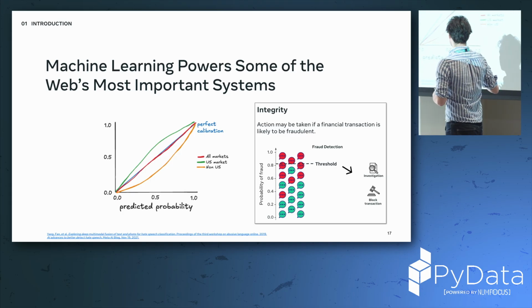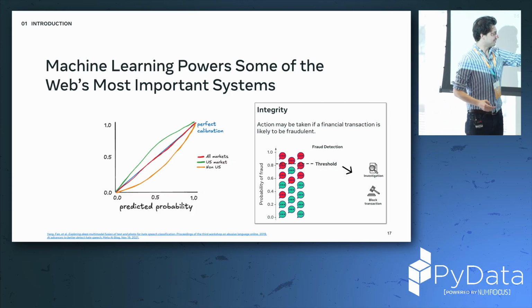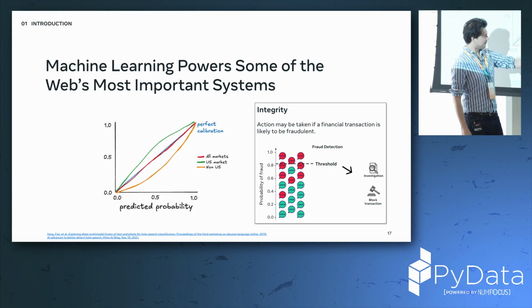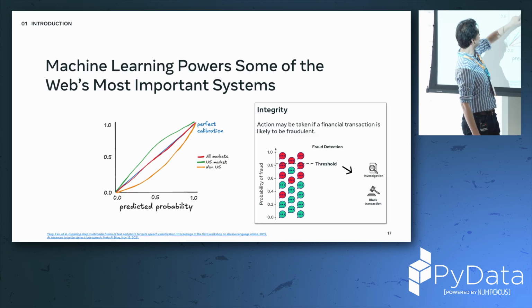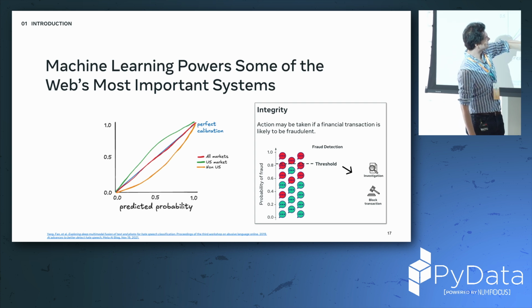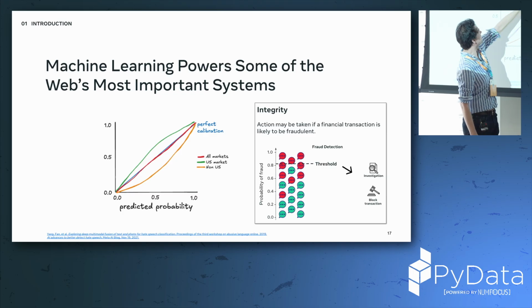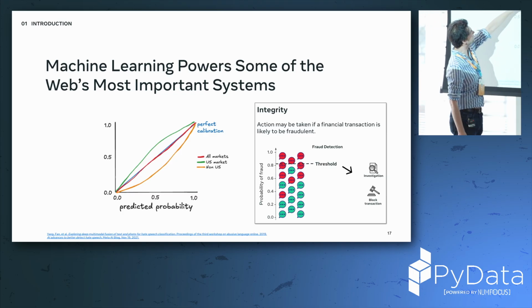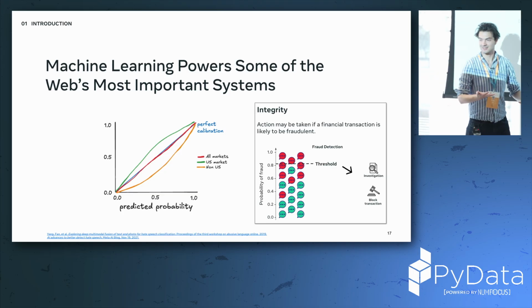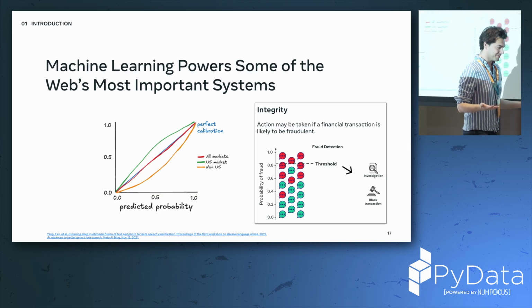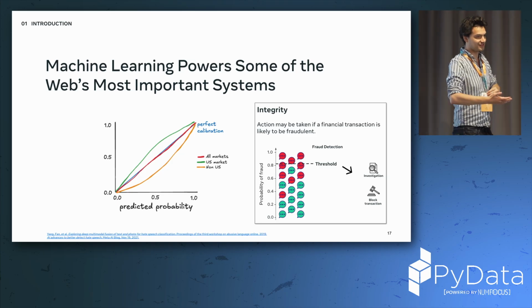So that basically means that outside of the US, we're taking an action when the actual probability of fraud is like 0.6, while in the US, we take action only when the real probability of fraud is like, I don't know, 0.9 or something, right? So we're really inconsistent in when we're taking an action on a transaction.